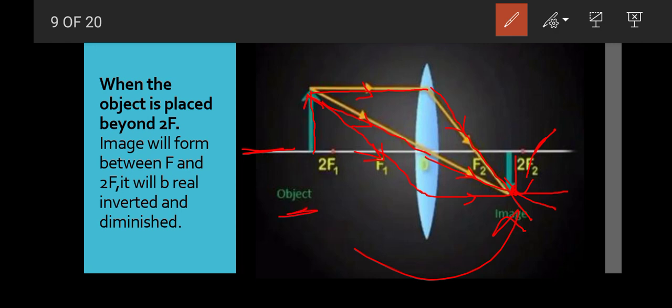Object is here, image is on the opposite side, so it is real. From this orientation you can see that it is inverted and smaller in size than the object. The image is formed between F and 2F. It will be real, inverted and diminished. That was the first case.